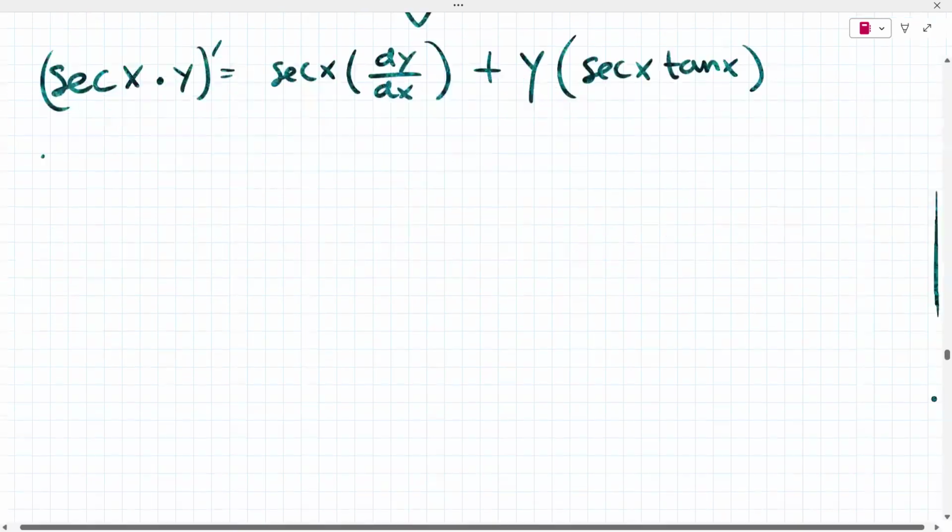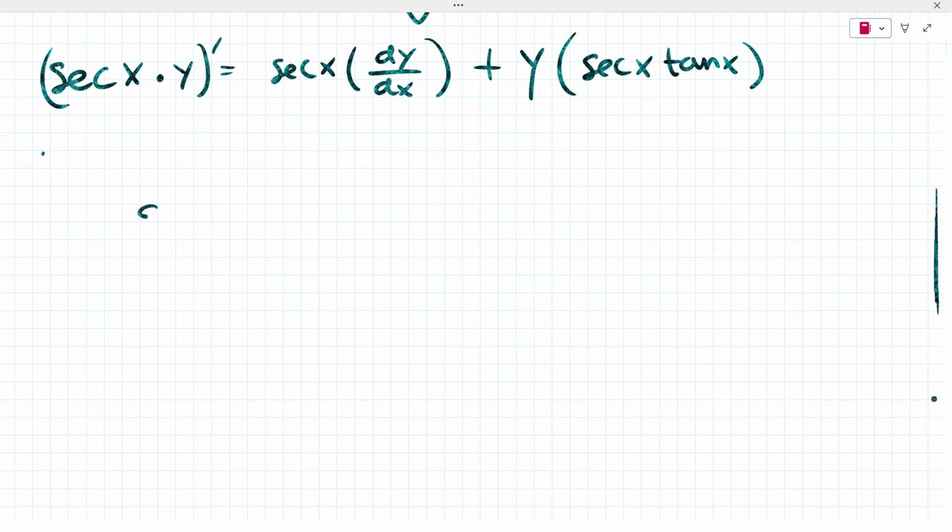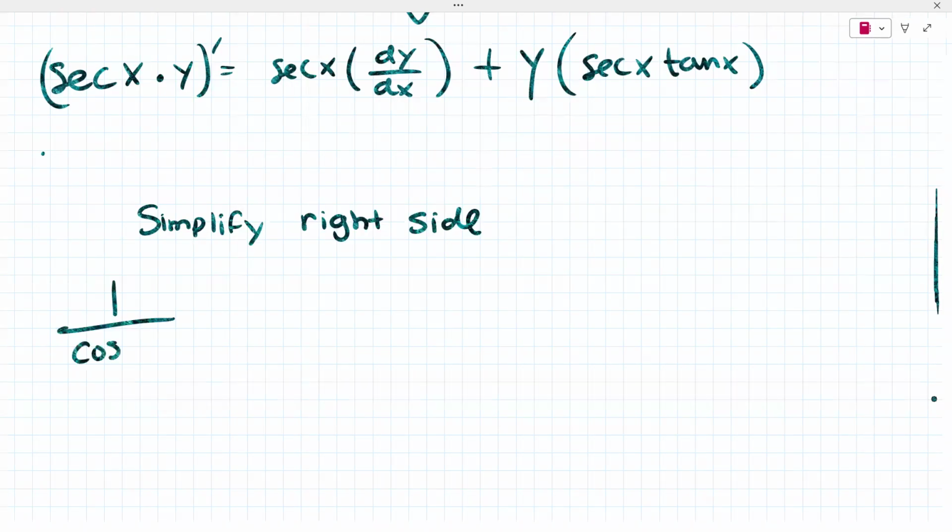So what we have to do, before we take the integration of both sides, is simplify the right side. So it's going to be 1 over cosine of x times 2 cosine square of x sine of x minus secant square of x.